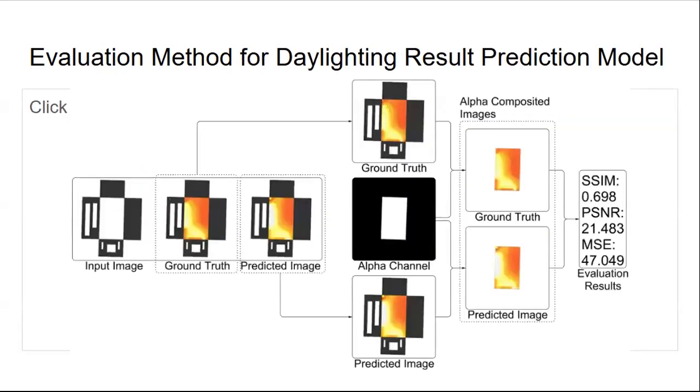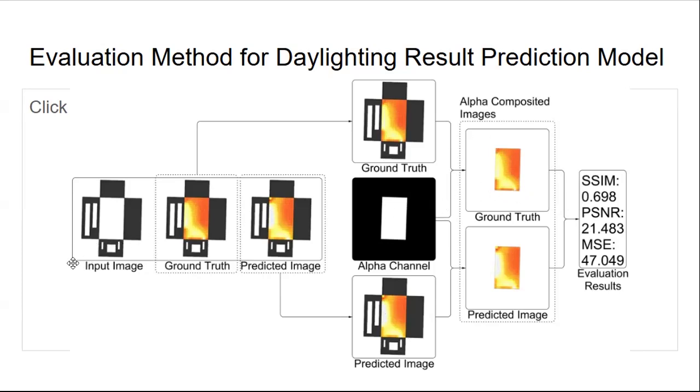This figure shows the workflow for evaluating model performance, emphasizing the use of the alpha channel by isolating the relevant daylighting areas and excluding the background. It ensures accurate comparisons between predictions and ground truth, preventing inflated SSIM and PSNR values. This method provides a more precise evaluation than previous approaches.